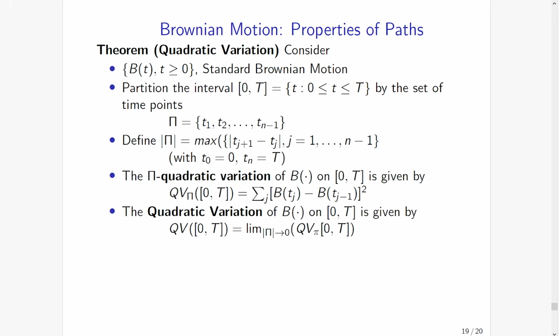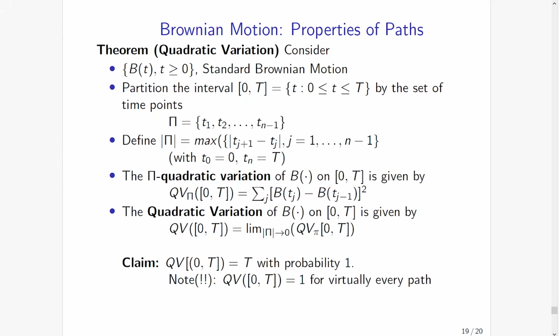If we consider the limit as the partition width gets narrower and narrower, then we define this limiting value to be the quadratic variation of the Brownian motion process. So we can define the quadratic variation corresponding to a given partition, and then the quadratic variation overall if we take the limit over partitions that are getting infinitesimally small.